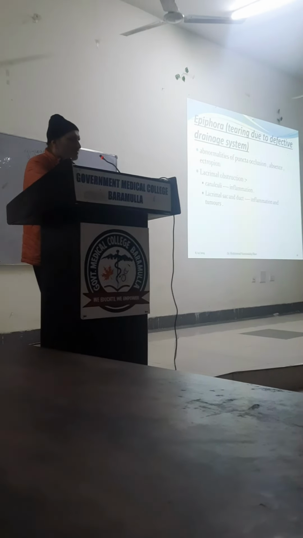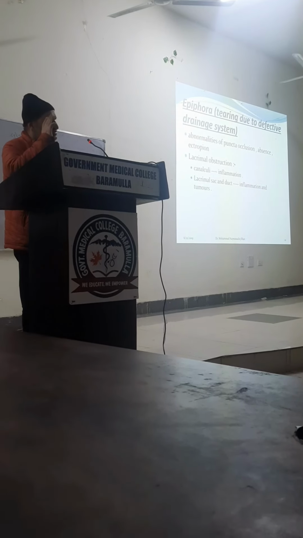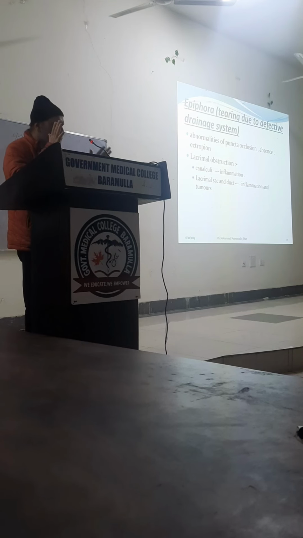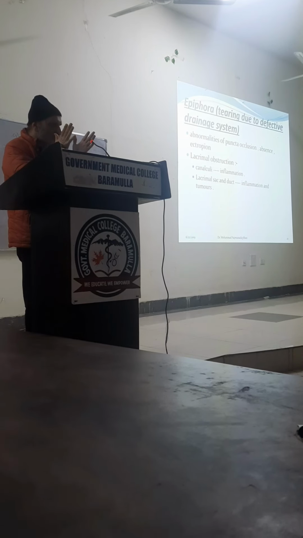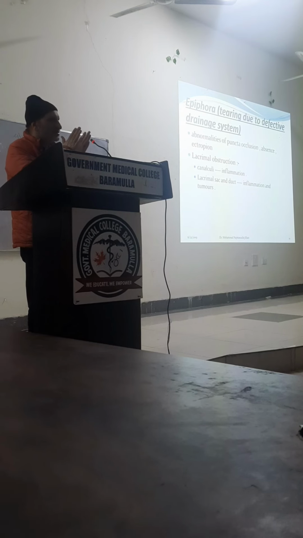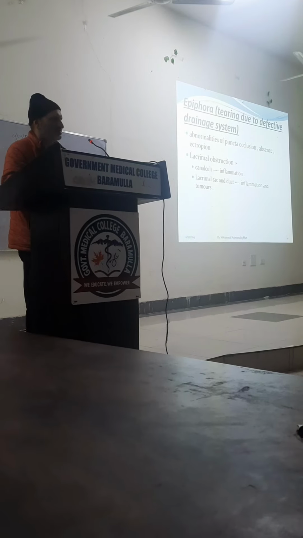There is a paraductal inflammation. What is paraductal inflammation of the nasolacrimal duct? That leads to inflammation, that leads to epithelial abnormality, and that leads to fibrosis, and fibrosis closes the nasolacrimal duct.